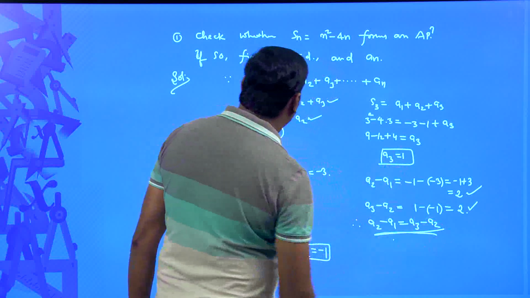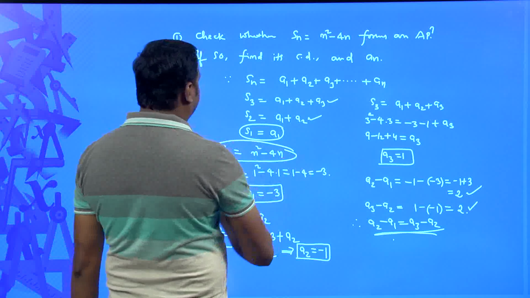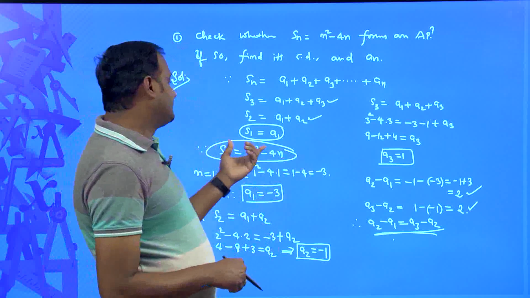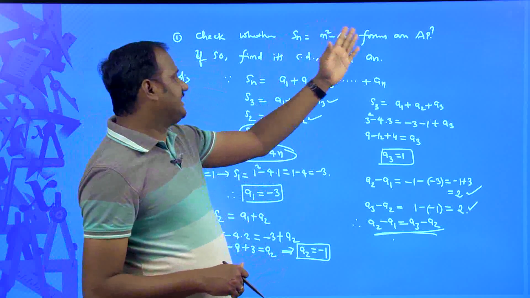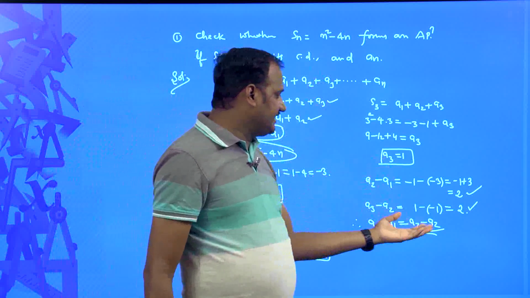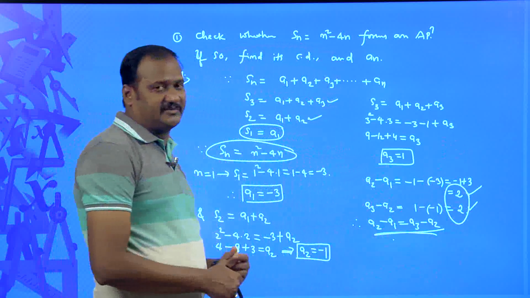It means this Sn equal to n square minus 4n forms an arithmetic progression. Since it forms an arithmetic progression, we can find the common difference as well as the nth term. We can easily identify the common difference here: 2 and 2, it means 2 is the common difference.